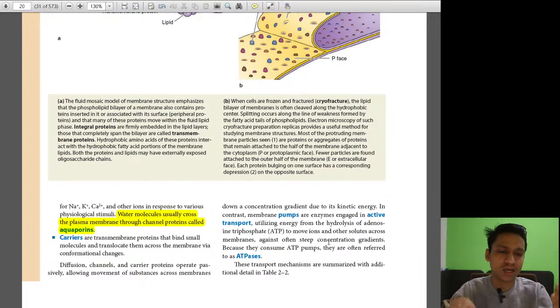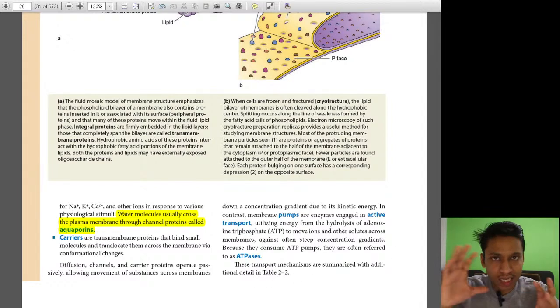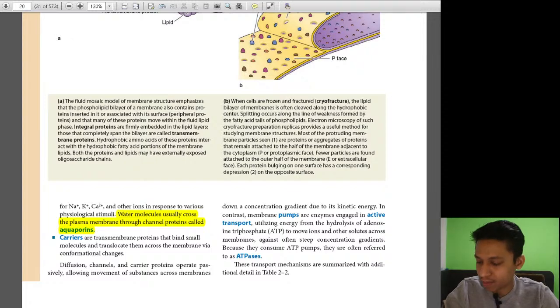Active pumps are active transport, where things can be transported against the concentration gradient as well because they use ATP, and that's why we can go against the concentration gradient. These transport mechanisms are summarized with additional details in table 2.2. We'll go and read table 2.2 again in detail, but let's check what we have further here.